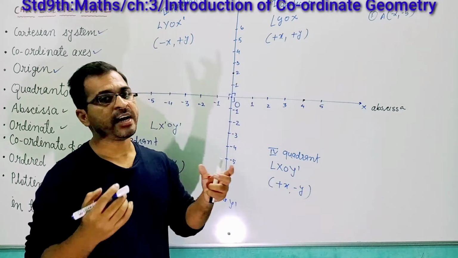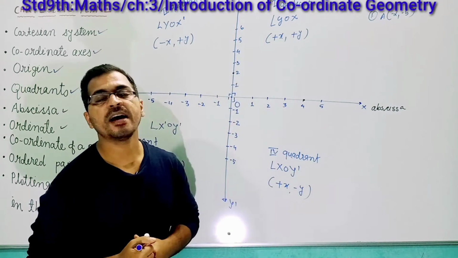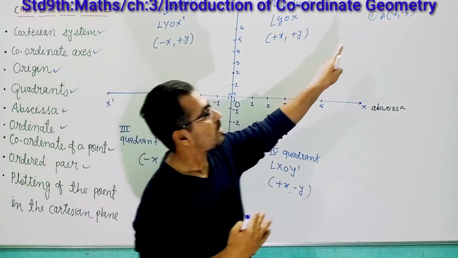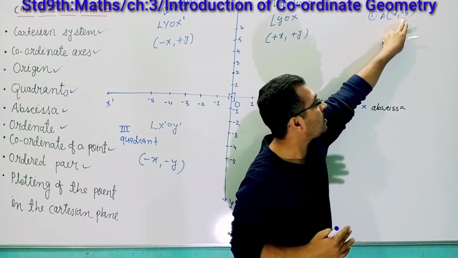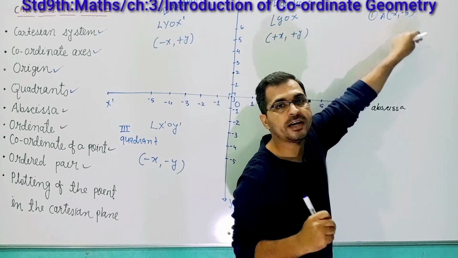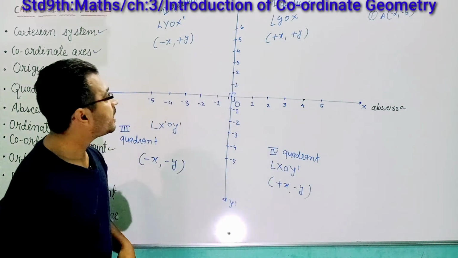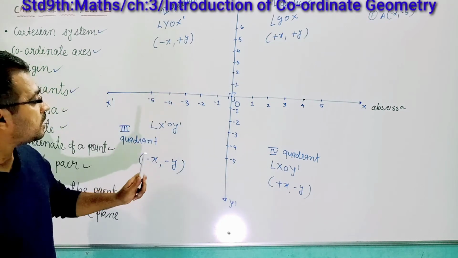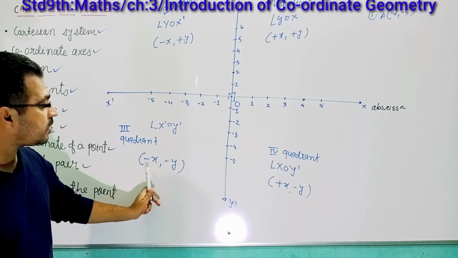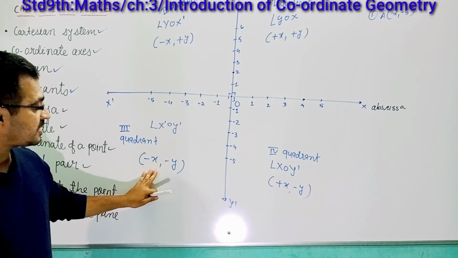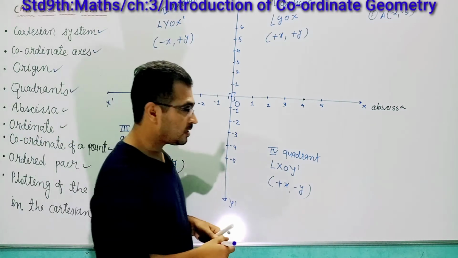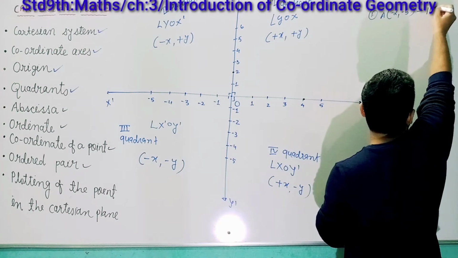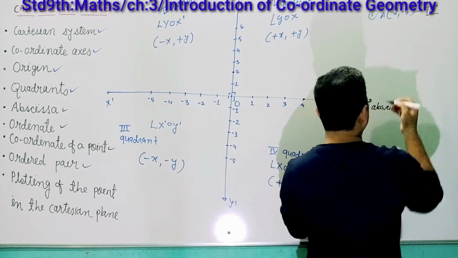Can you say in which quadrant this point lies? You just have to see in which quadrant the x component and y component are both negative. Here you can see that in first they are positive, in second negative and positive, in third both are negative. Means x is negative and y is negative. So this lies in third quadrant. Right, student?